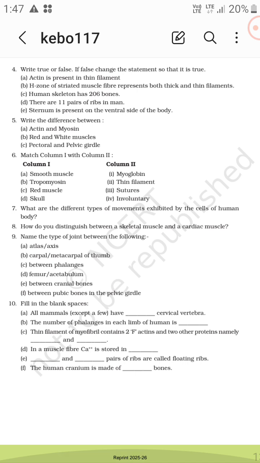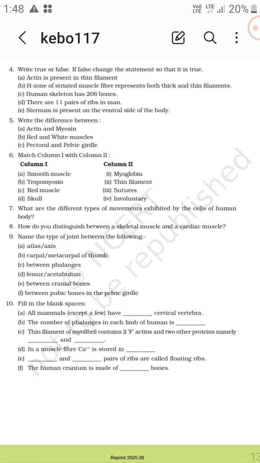What are the different types of movements exhibited by the cells of the human body?